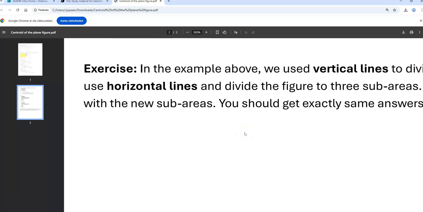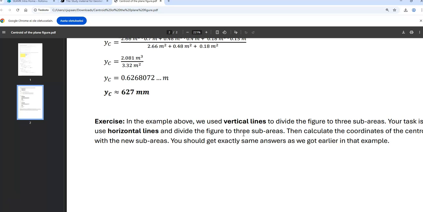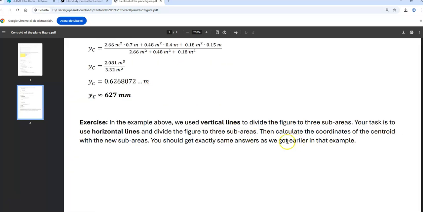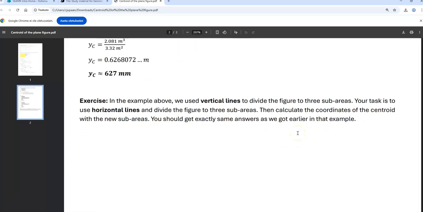And that is one thing which I suggest when you are practicing something new. I don't know how new this was for you, but always when you are practicing some new methods or some new calculation rules, I would suggest that you solve the same problem with a different method, for example using different sub areas.